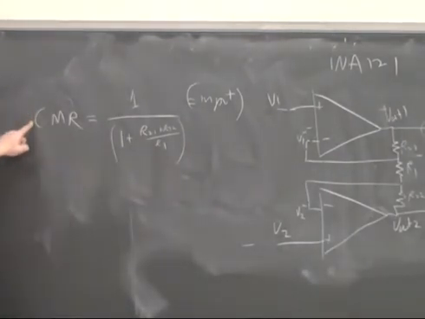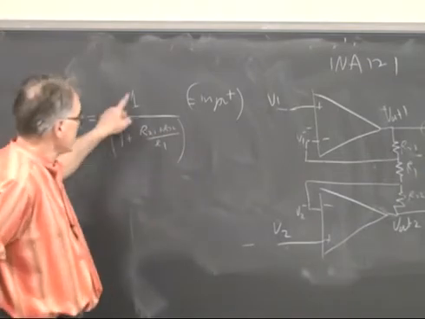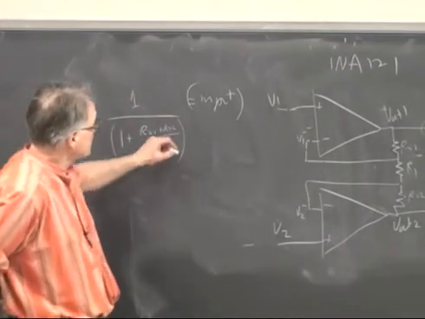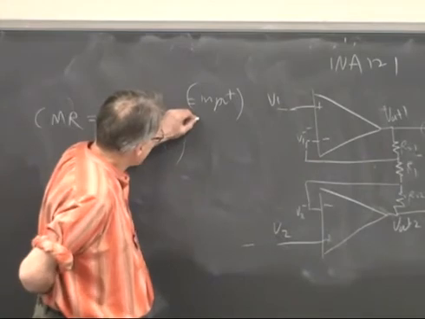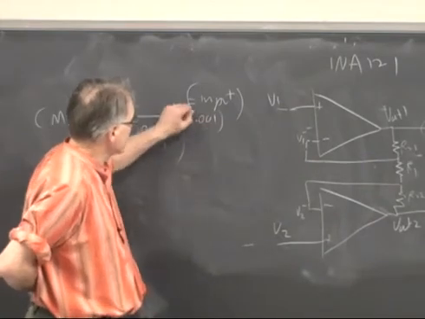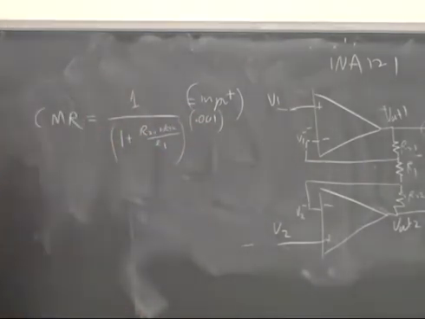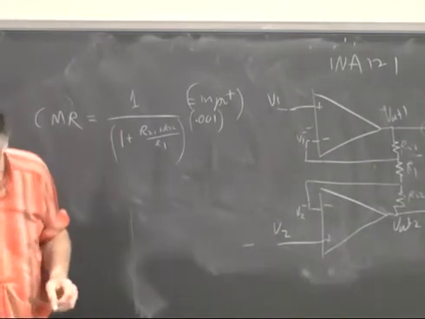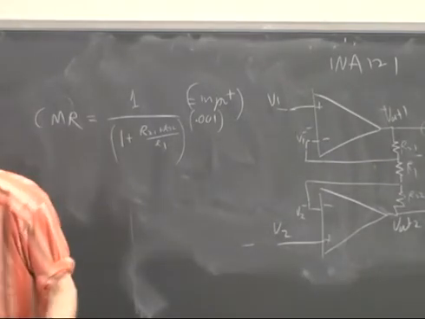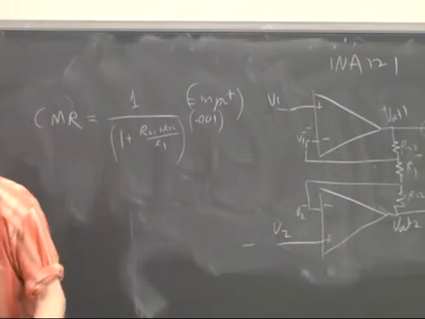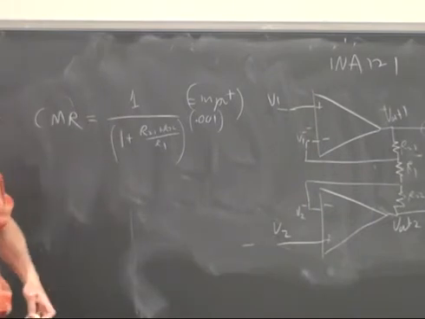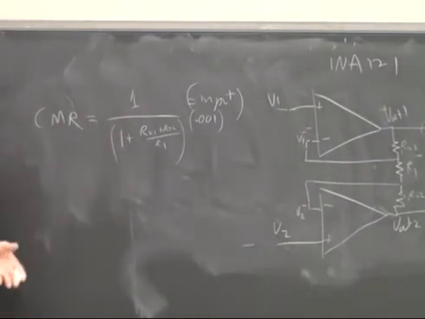So the actual common mode rejection of the whole system is the input stage times the output stage, which is about 0.001. Any questions about this? This is a pretty good differential amplifier.